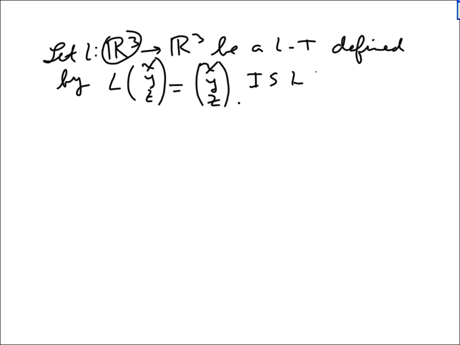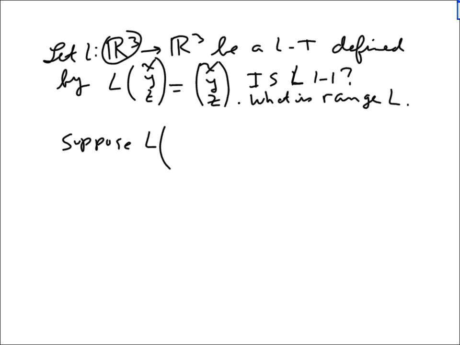Is L 1 to 1? What is the range of L? Is it 1 to 1? Suppose L of one thing is equal to L of something else that seemingly looks different.